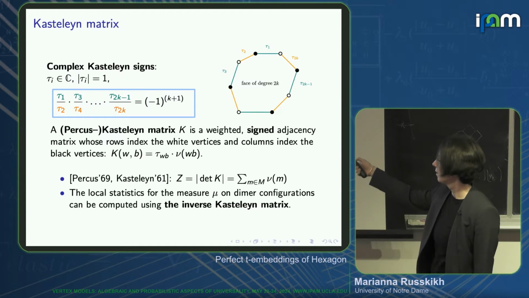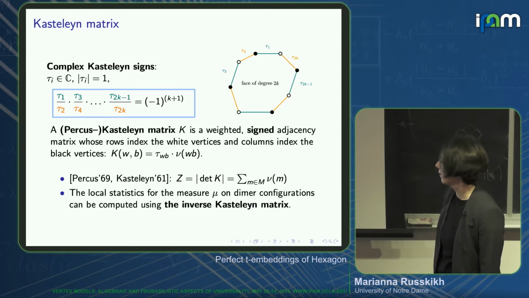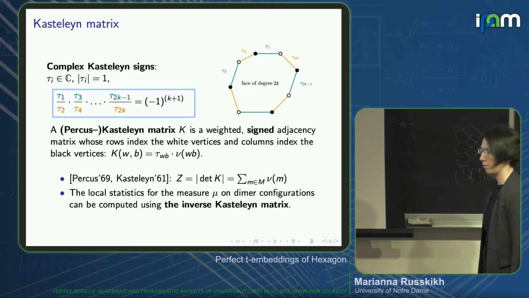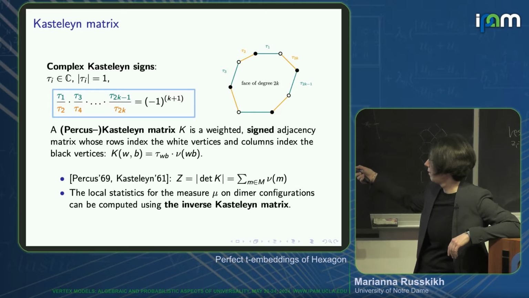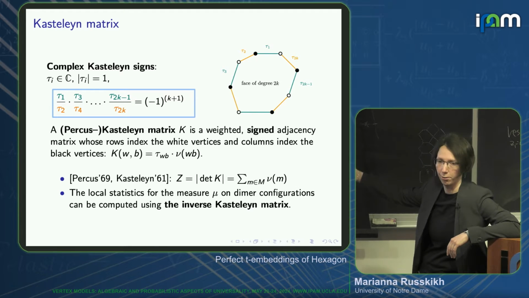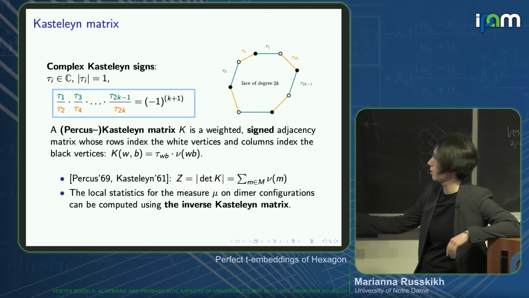So we put some signs, or complex signs, which are complex numbers with modulus 1. We want them to satisfy the Kasteleyn sign condition, which is that along each face, the alternating product of the signs is plus or minus 1, depending on the degree of this face. As soon as you have these signs, we define the corresponding Kasteleyn weight, which is the product of the edge weight times the sign.